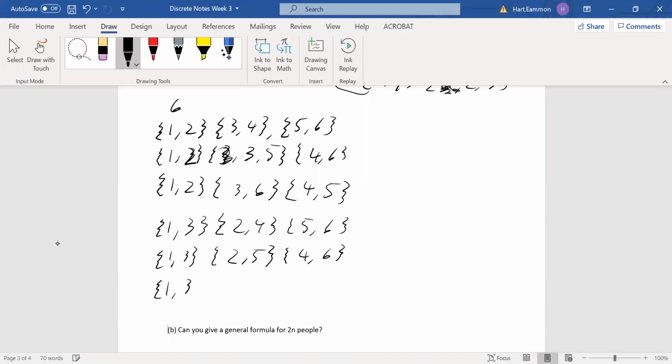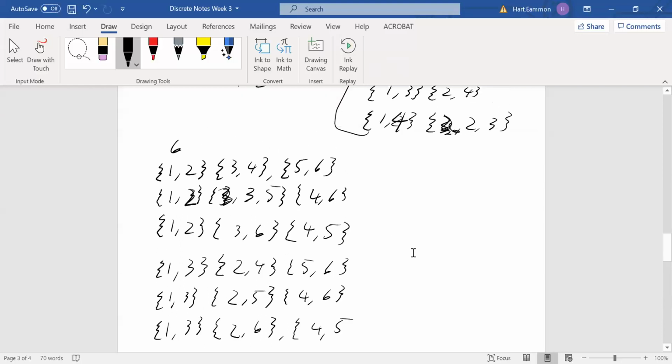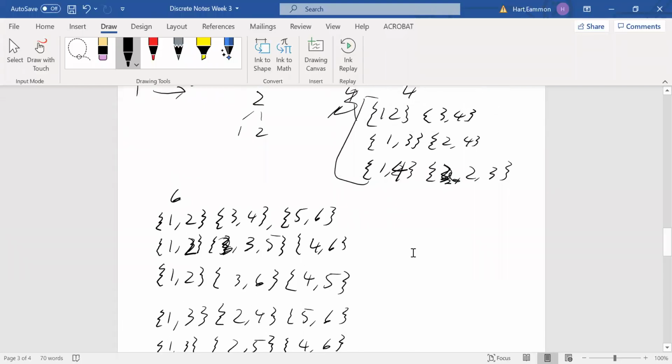One paired with three, two paired with six, then four paired with five. Cool.